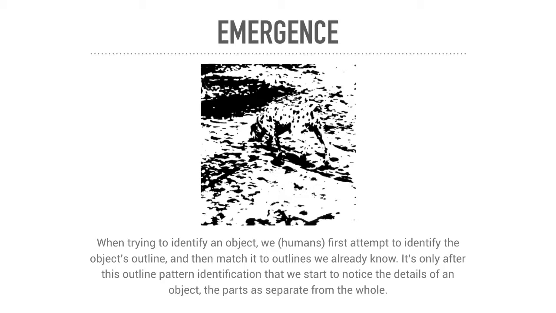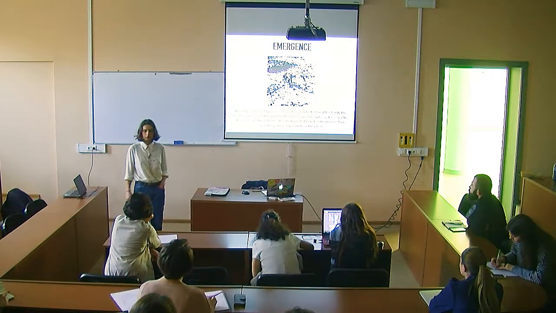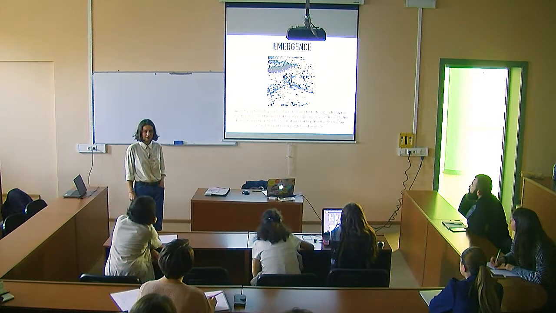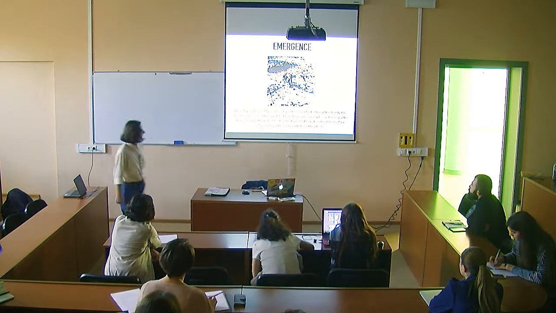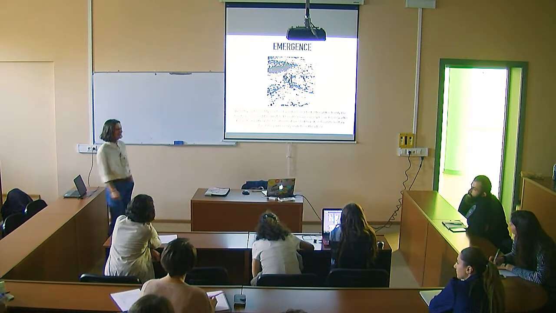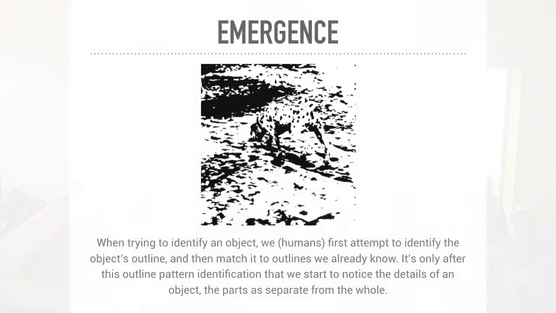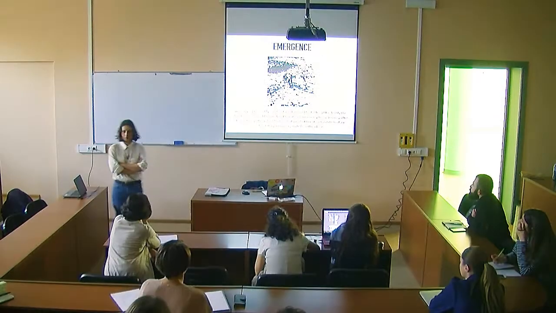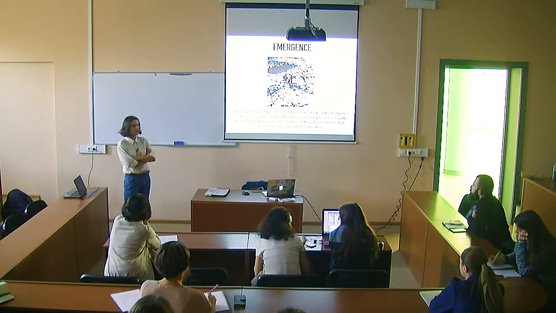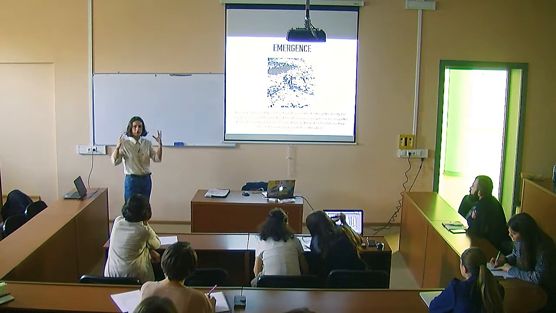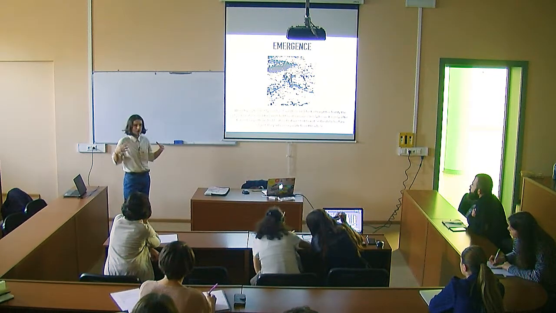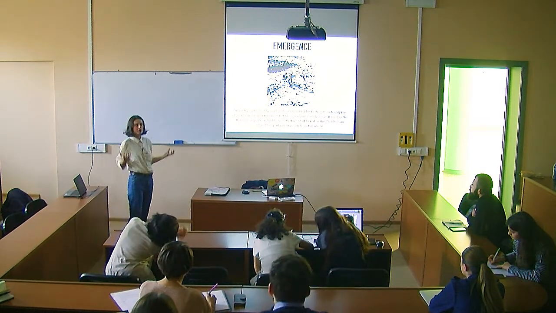It's called emergence. Do you see something here? Dog. Yeah, it's a Dalmatian dog. That's because we try to identify the object first when we are seeing something, and then we apply some name to this object.